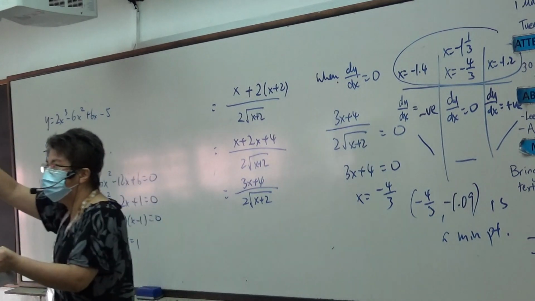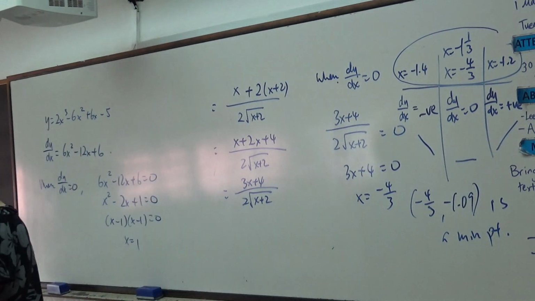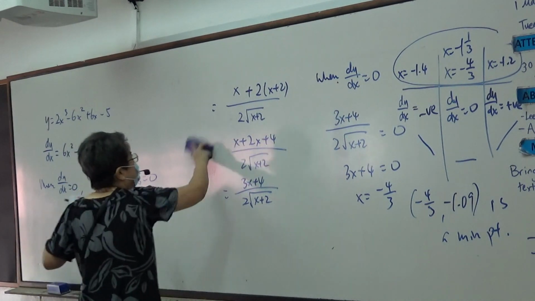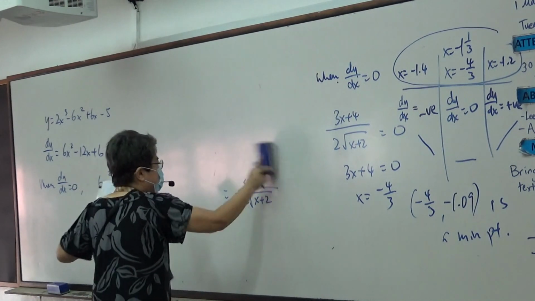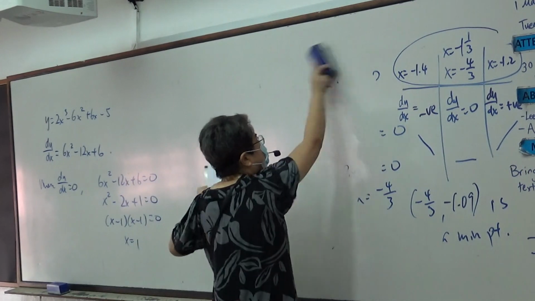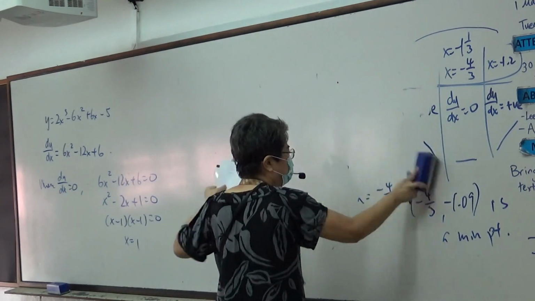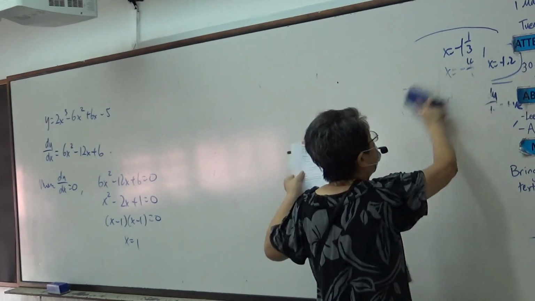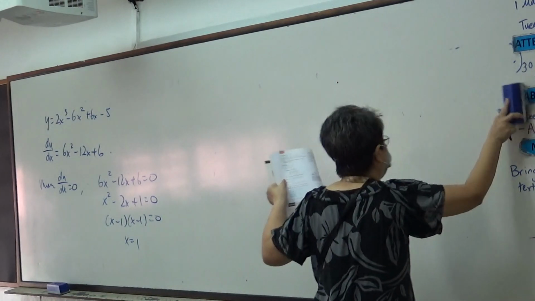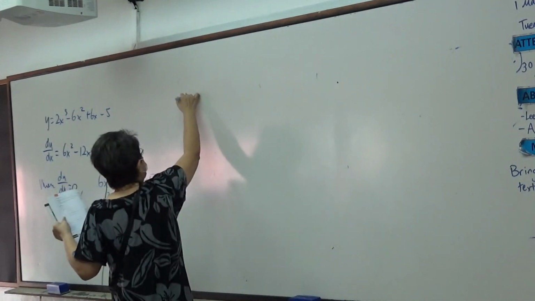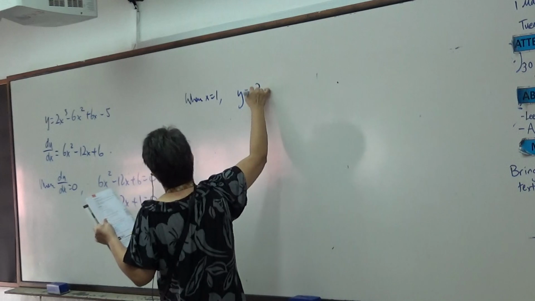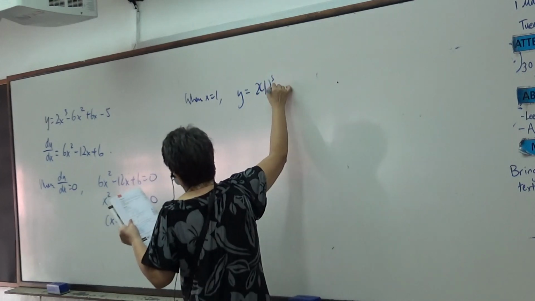Okay, but you look at part 2, what did they say? Find the coordinates of the stationary point and determine its nature. Okay. Now, so next part. When x is 1, y will be what? 2 times 1 cubed.